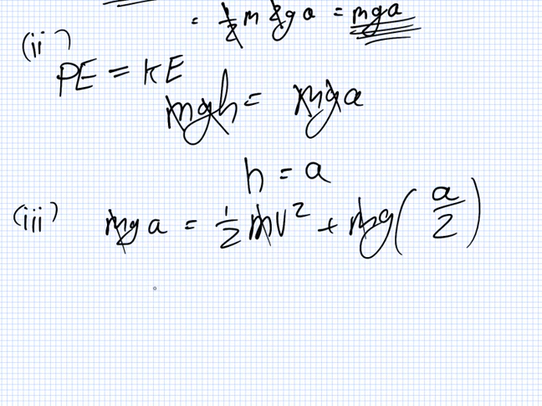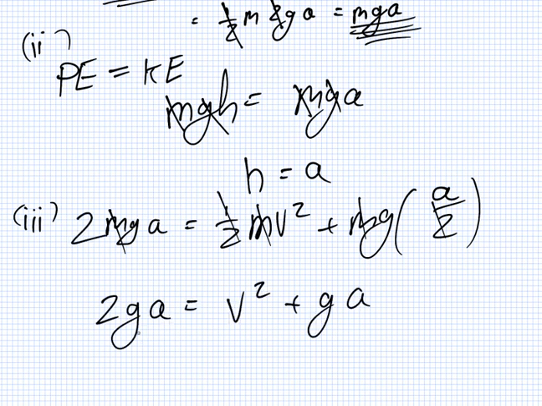So I get 2ga equals v squared plus ga. So 2ga minus ga is ga. I take this over and square root. The answer is square root ga.